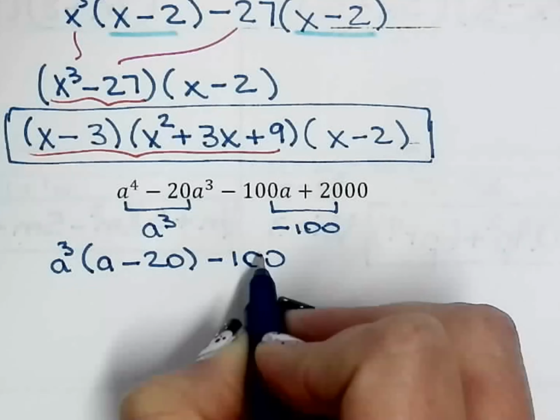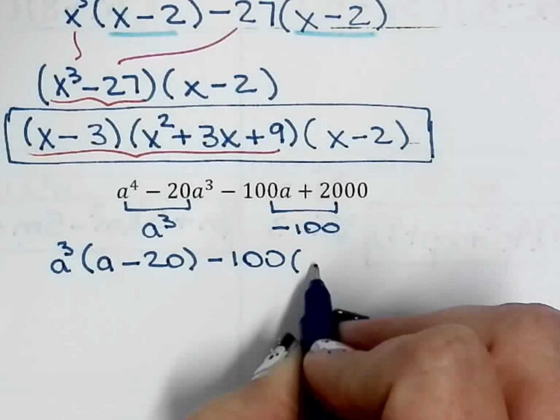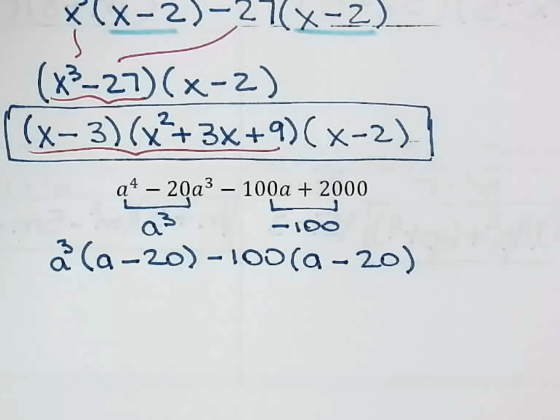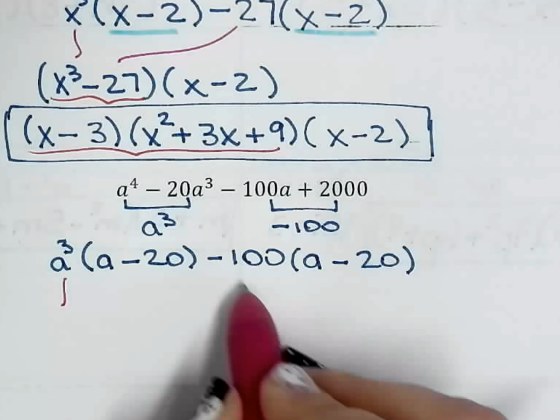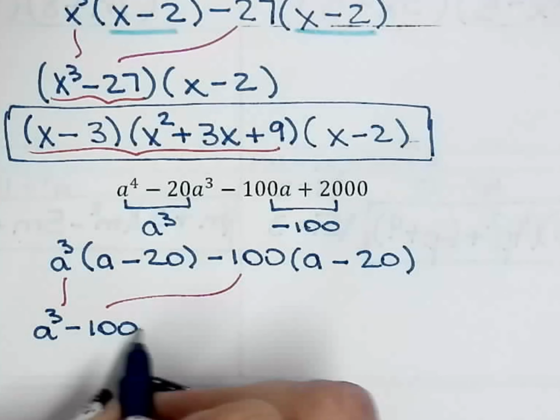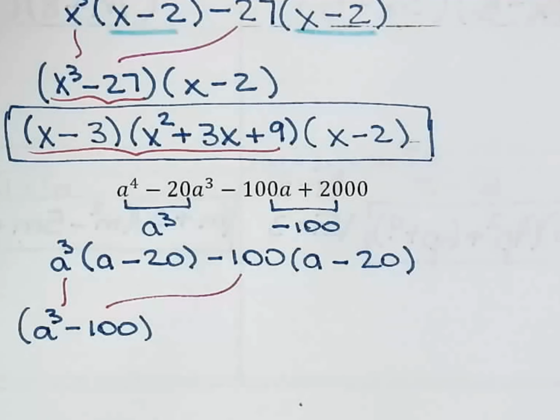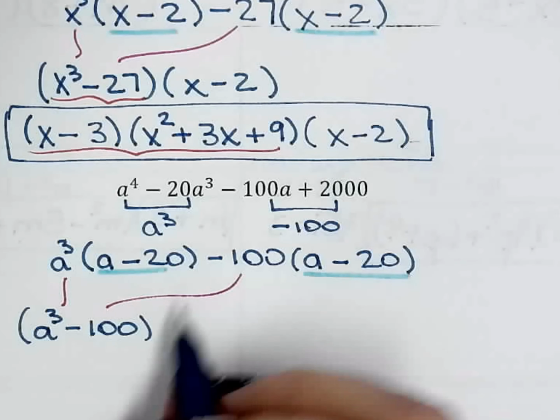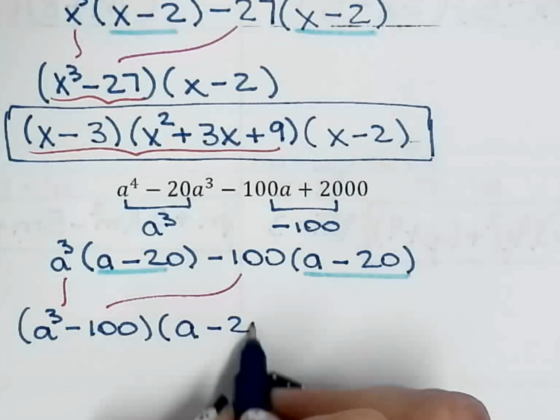Minus 100, that's the GCF, goes in the front. Now I have a minus 20. Okay, both GCFs go together to make a term. And these guys match. So I have a minus 20.